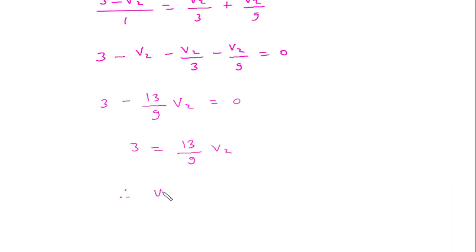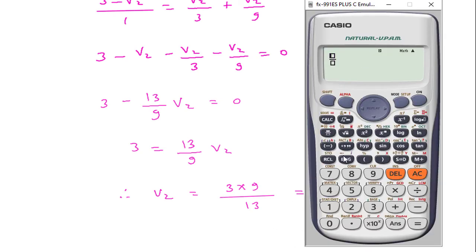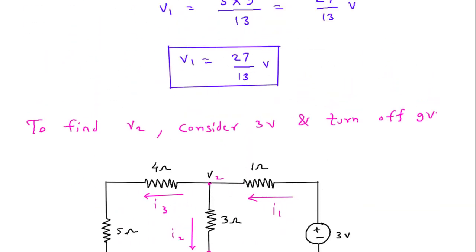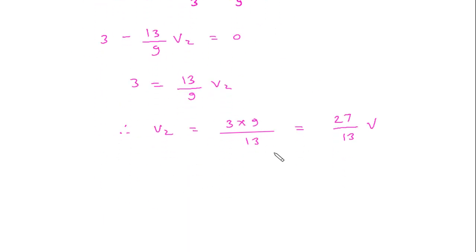Therefore V2 is equal to 3 into 9 by 13, so 27 by 13 volt. So V2 is also equal to 27 by 13 volt.